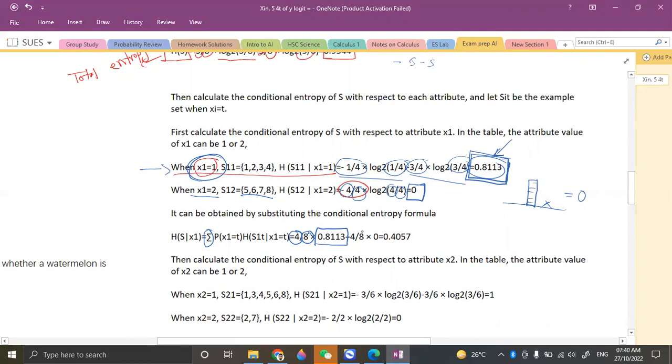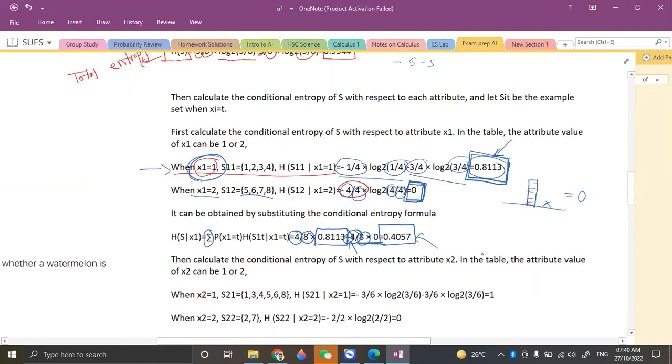So we multiply them, and then plus, you see here plus sign, and again 4 out of 8, they are not qualified. And for not qualified, the conditional entropy is 0, right? So we multiply 0 here, okay? So the result is 0.4057.